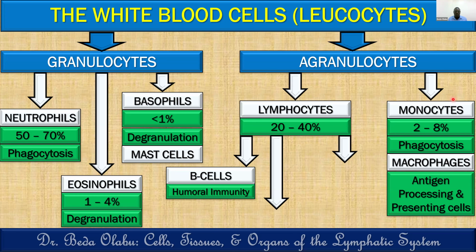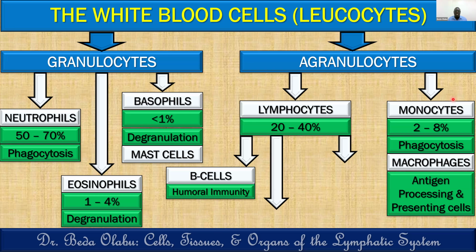Now, because B cells offer defense by production of antibodies, immunity by antibody production is what we call humoral immunity. And this is an important part of adaptive immunity. It's a very important part of acquired immunity, humoral immunity.